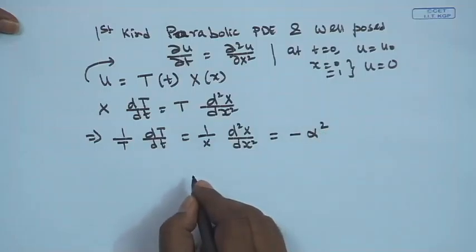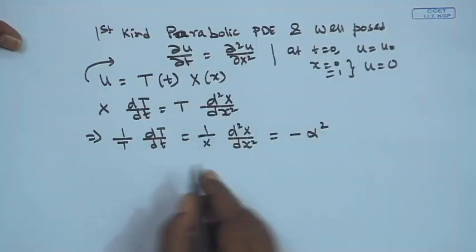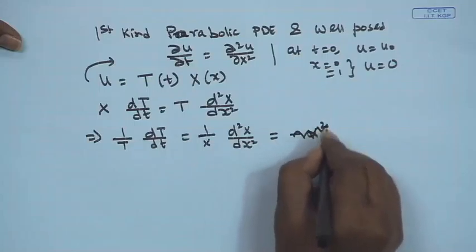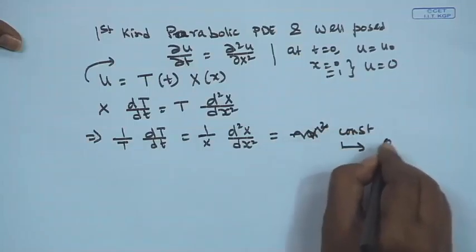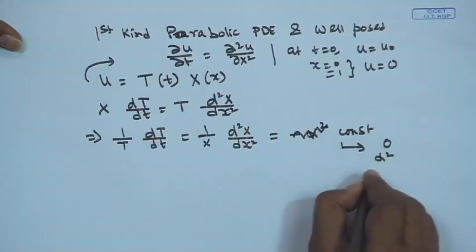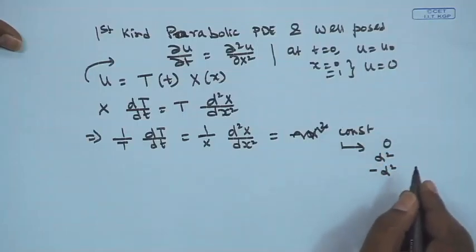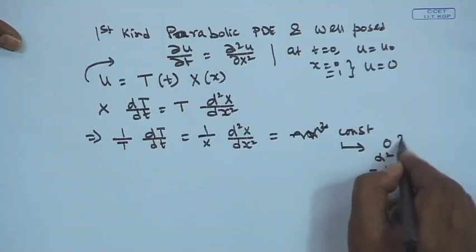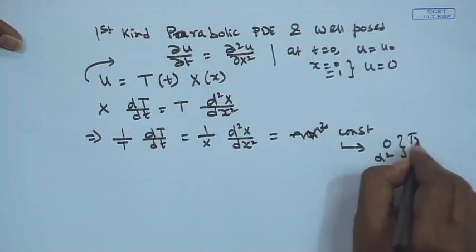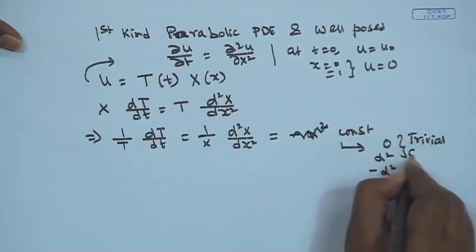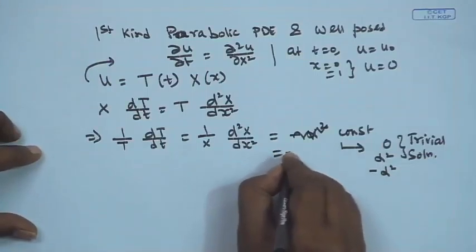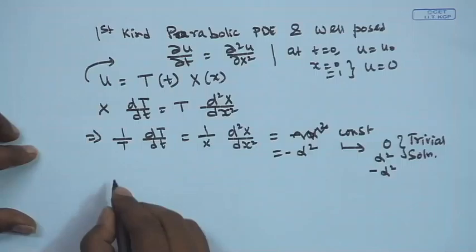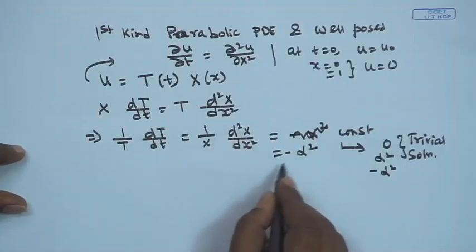We have seen earlier that if this is 0 or positive, we will get a trivial solution. So, the constant has to be a negative constant, equal to minus alpha square. Now, let us look into the spatially varying part.